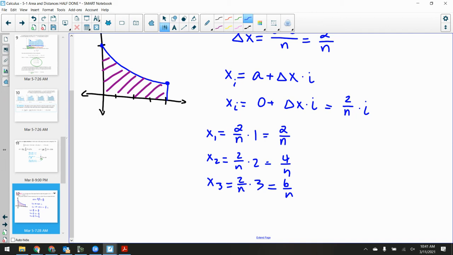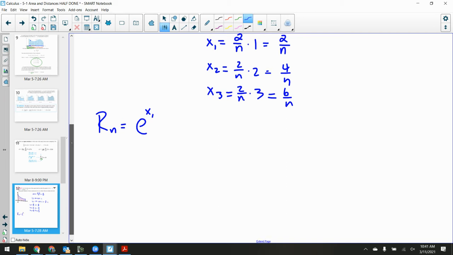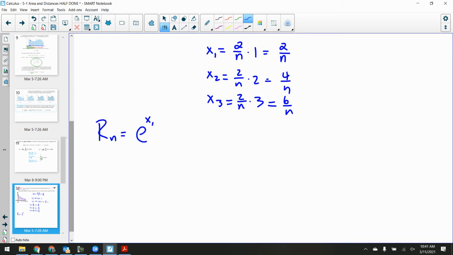Okay. So let's estimate the right side sum. Let's estimate Rn, the subscript n being an arbitrary amount of strips. Well, remember that this is e to the negative x1. I know what x1 is, and I'll put that in on the next line. e to the negative x1 times delta x. Again, I know what delta x is.